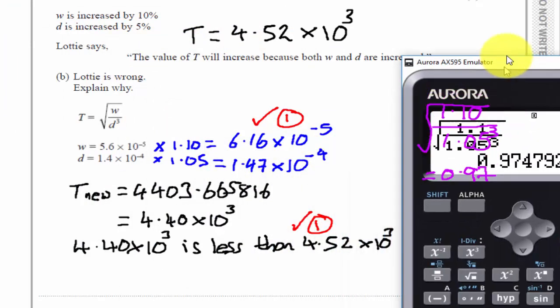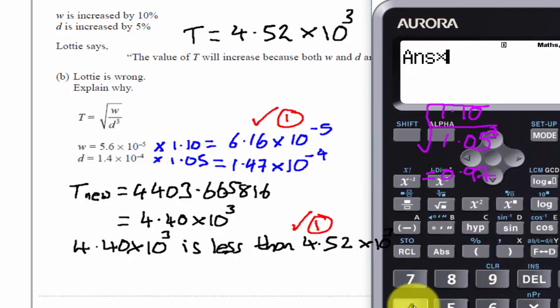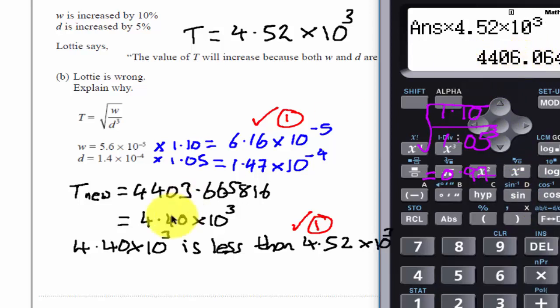But if I take that number, because I've just rounded it, and multiply it by the first number of t, 4.52 times 10 cubed, you can see it gets very close to the number I did get. It would have been 4.41 times 10 cubed. The reason why there's a slight difference is because we've rounded the values of t to 3 significant figures, but I hope you can see the method that has been used here.